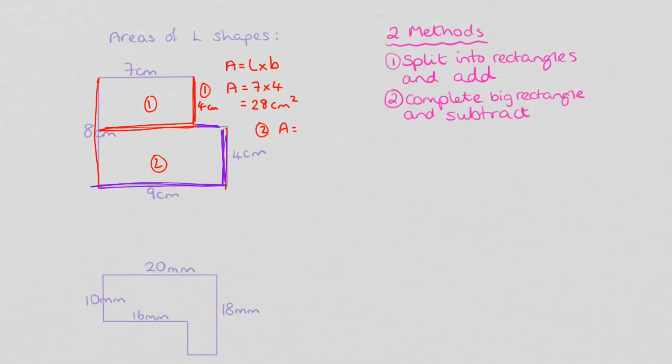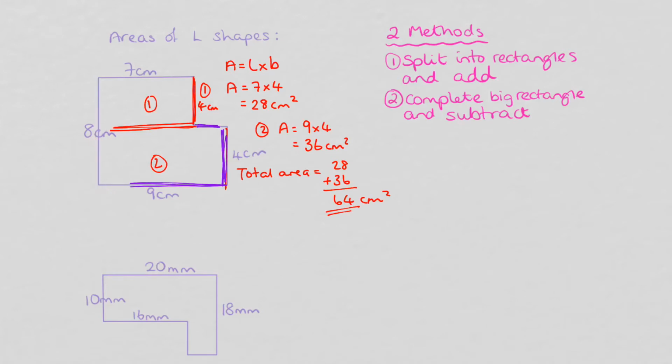So it'll be 9 times 4, which is 36. And then the total area is equal to 28 add 36, which gives you 64 square centimetres. Okay, so that's using the first method where we split into rectangles and then add them together.